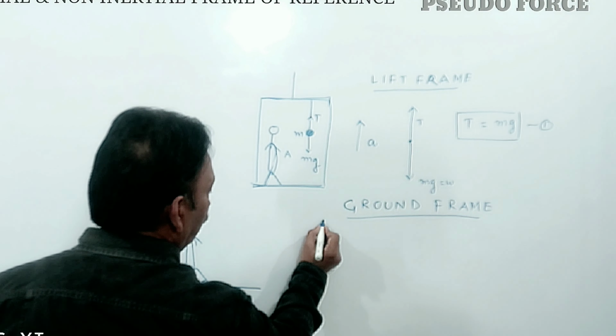Okay, students, what I am saying here is that you can find the results by using the non-inertial frame also, what you yield in the inertial frame of reference, by adding a pseudo force to the result.